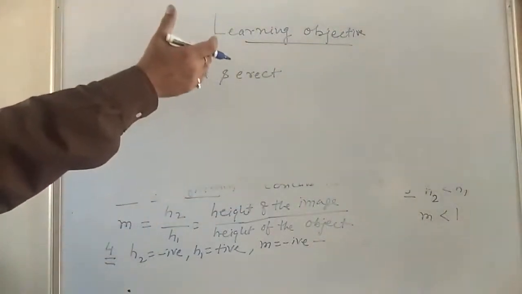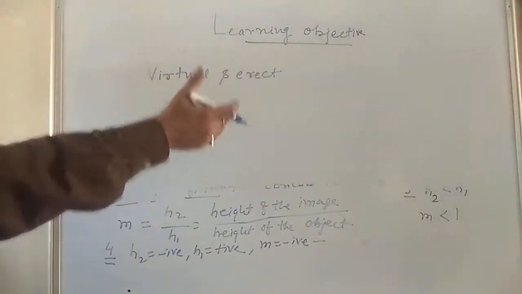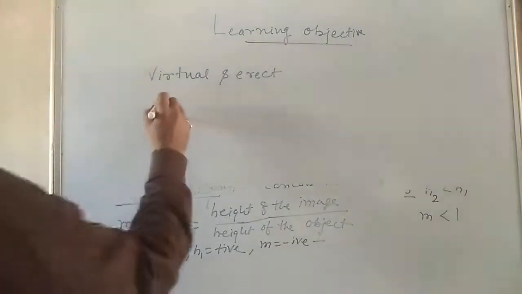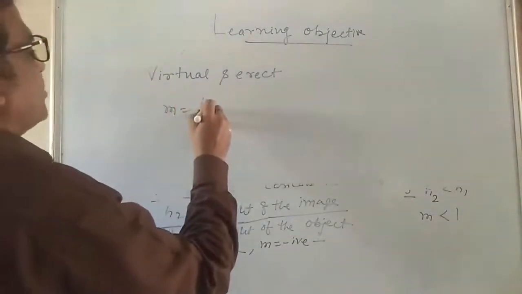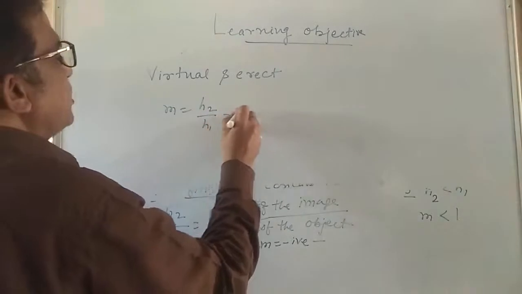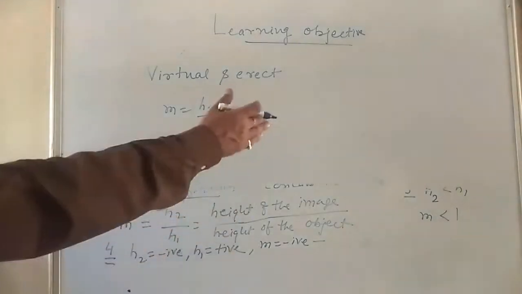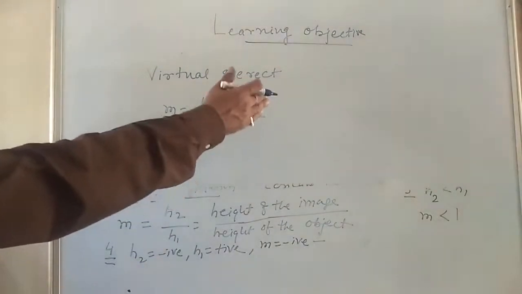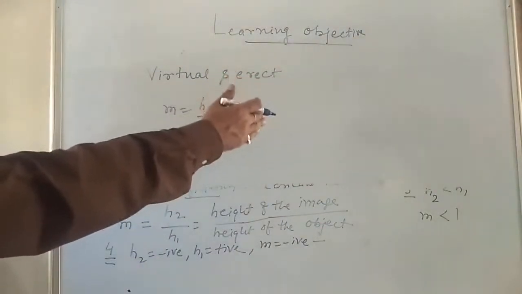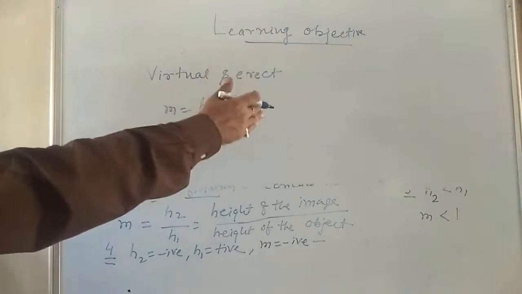Height of the image is positive. Height of the object is also positive. So m is equal to h2 by h1, which is positive. This is for virtual and erect. So when the linear magnification is positive, the image formed by a concave mirror must be virtual and erect.